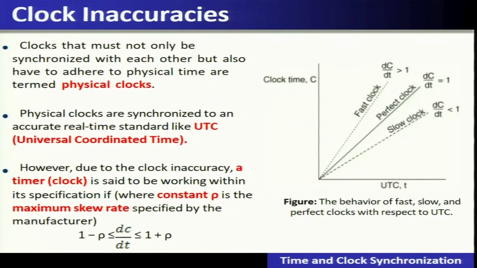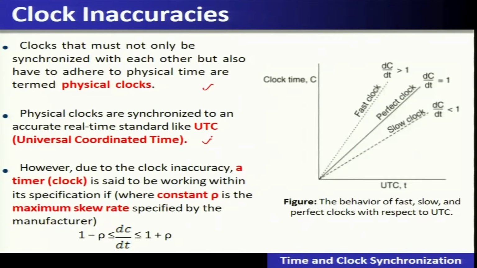Let us see what we mean by clock inaccuracies. Clocks must not only be synchronized with each other, but also have to adhere to the physical time, which is termed as physical clocks. Physical clocks are synchronized to an accurate real time standard called Universal Coordinated Time.